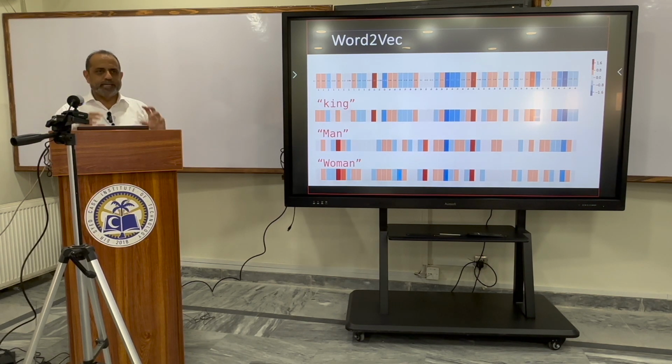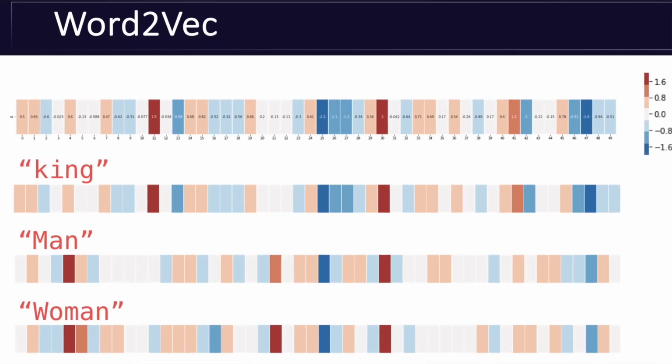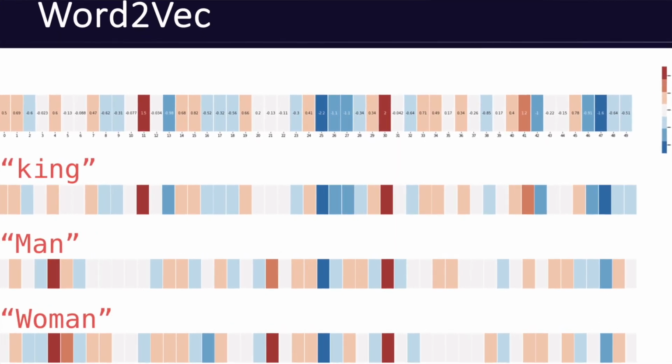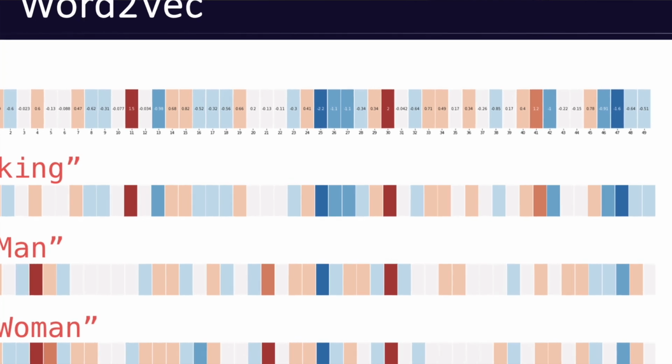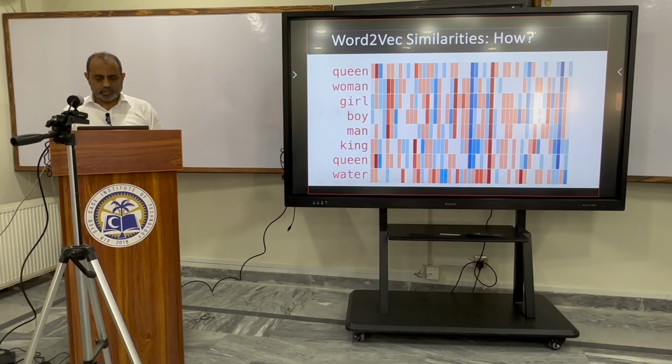But you are not intentionally writing those features as I showed you and making these numbers. Now look at this: queen, woman, girl, boy, man, king, queen. These are the values, and the water looks very different.